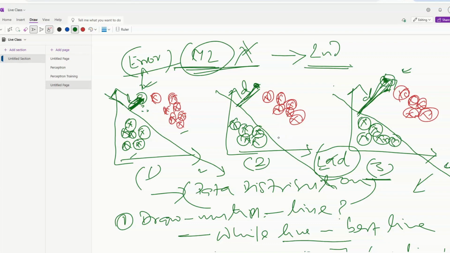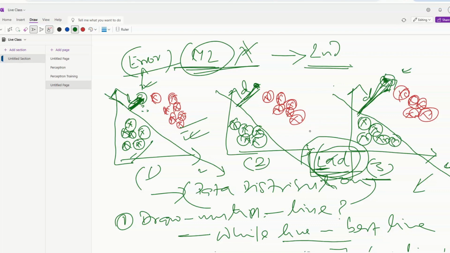We need to find such a boundary which has a lesser loss. That's the whole purpose of training. This way you can see the loss can be measured in terms of distance. I can draw multiple lines just to separate these two classes, but which line is the best line?